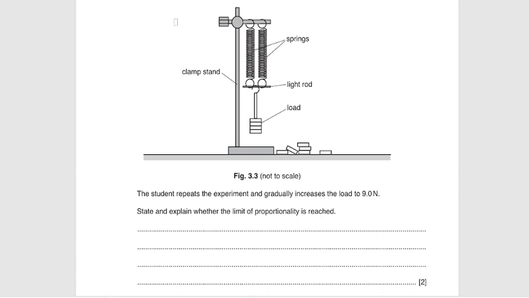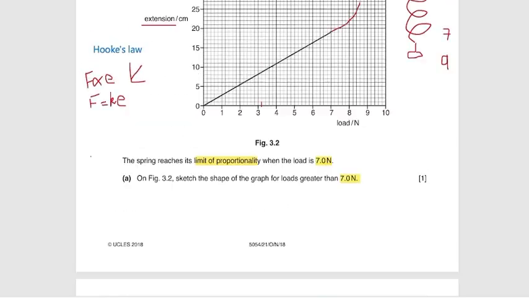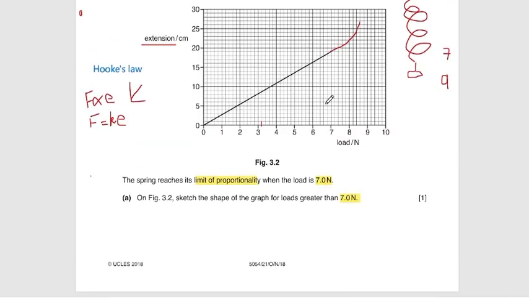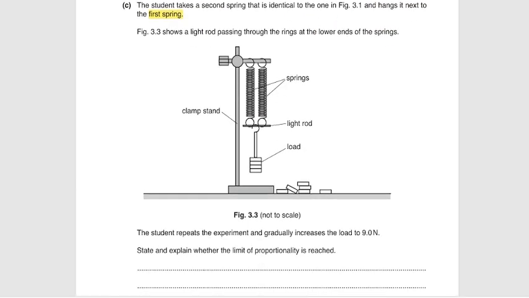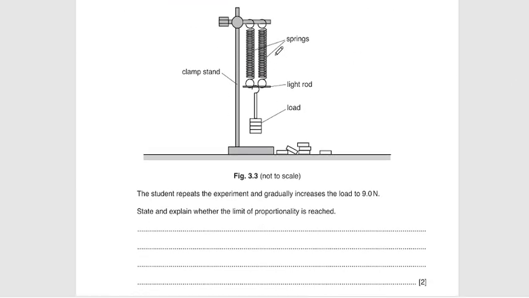Now, if I was using just one spring and I had attached a load of 9 Newton, I go back and see its limit of proportionality was 7 Newton, after which if it was 7.1, 7.2, 7.3, any number greater than 7, that would have meant that I have crossed the limit of proportionality. But in this case there are two springs hanging side by side, so it's like they're sharing the load.